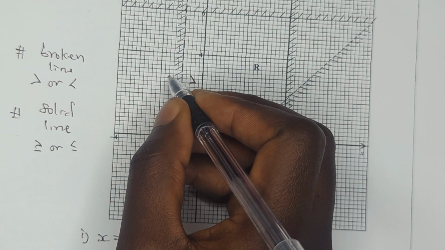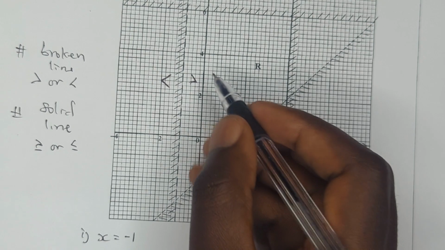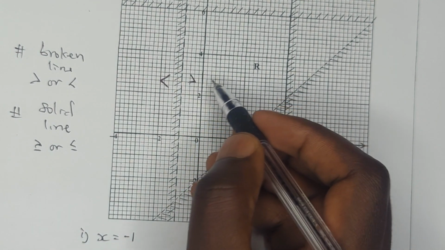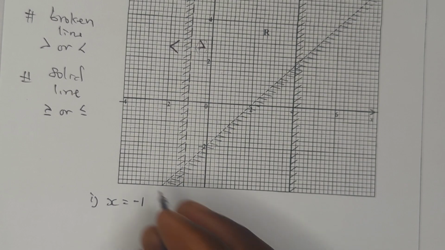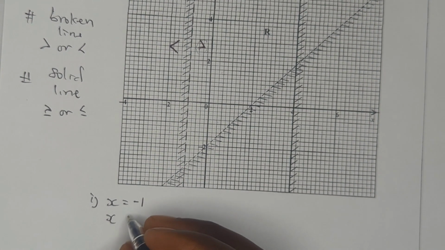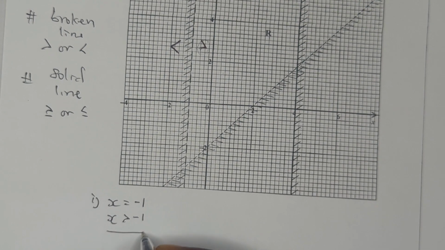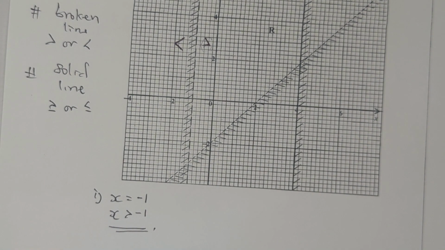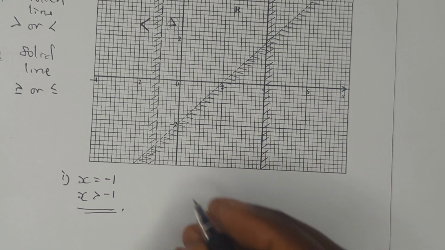So this side is less than. And we pick where the region R is. So we are going to get this sign which is greater than. X therefore is greater than -1. So this is the other inequality.